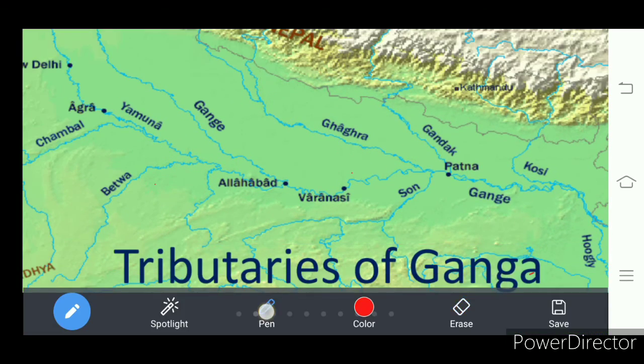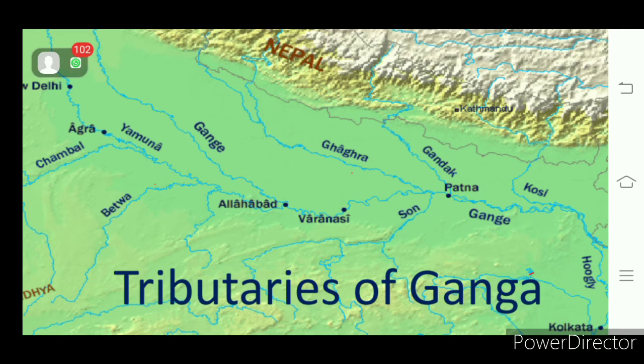I am pointing at those tributaries: Ganga, Yamuna, Betwa, then Gagar, Gandak, Son, Kosi, Chambal. All these are the tributaries of river Ganga. Understand? Which river? Ganga river or Ganges river.